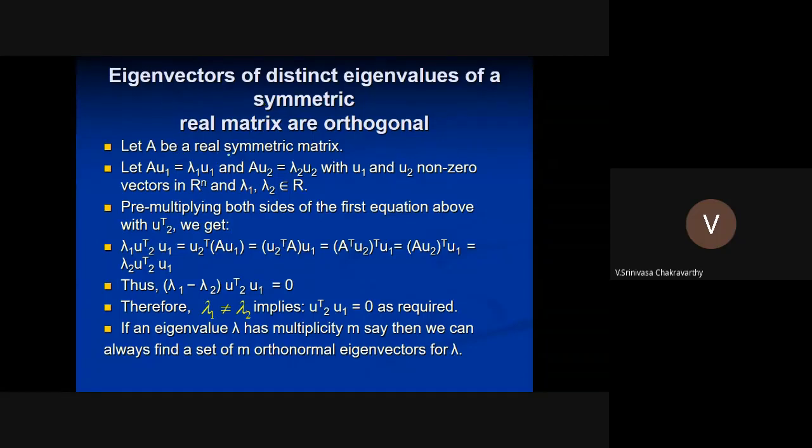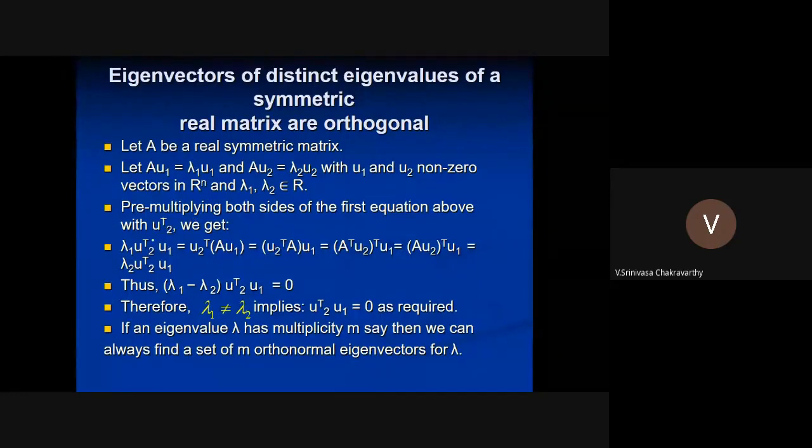So let us take a real symmetric matrix A, and let us say U1 and U2 are two eigenvectors, and lambda 1, lambda 2 are the corresponding eigenvalues. We'll also assume that they are non-zero vectors in Rn. Now take the first equation, A U1 is equal to lambda 1 U1, and pre-multiply this by U2 transpose.